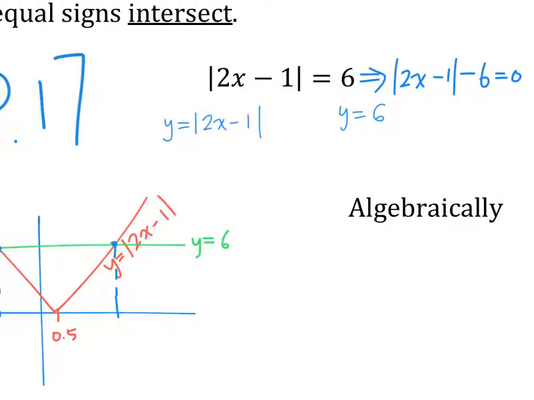Another way to think about it is I could subtract that 6 on both sides. Now I have this equal to 0. So then on the left is this function, right? What is the function on the right? 0? 0 is y equals 0, right? y equals 0 is a special line on your graph.